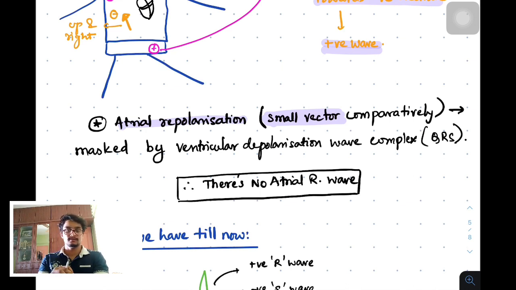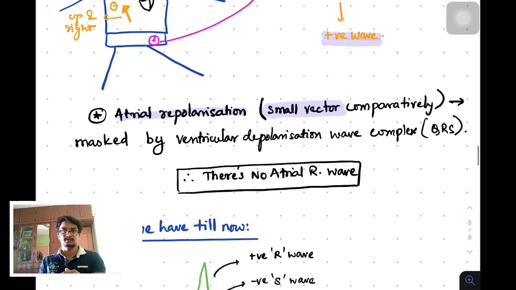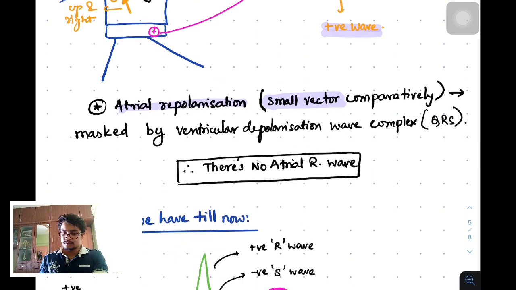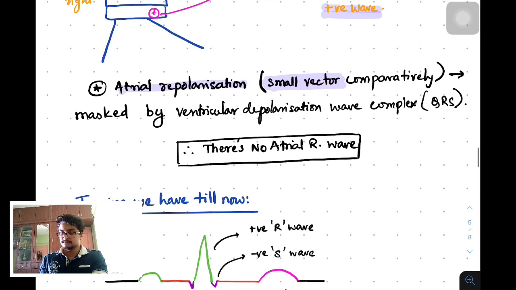So the ECG machine picks up only the very massive activity. Compared to ventricular depolarization, atrial repolarization is a very small event, so it gets masked. That is the reason there is no atrial repolarization wave.